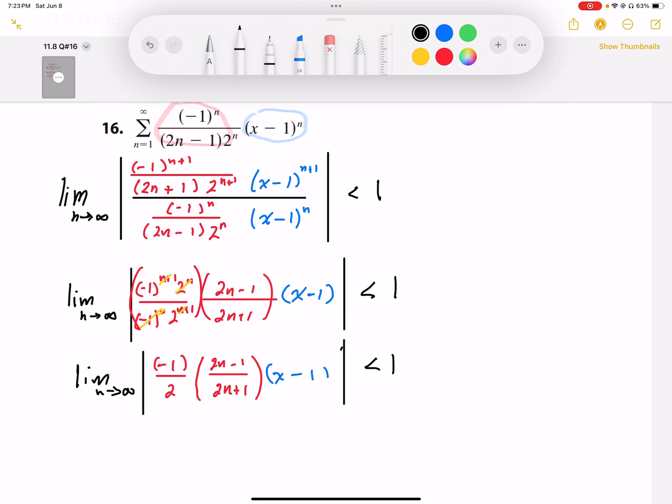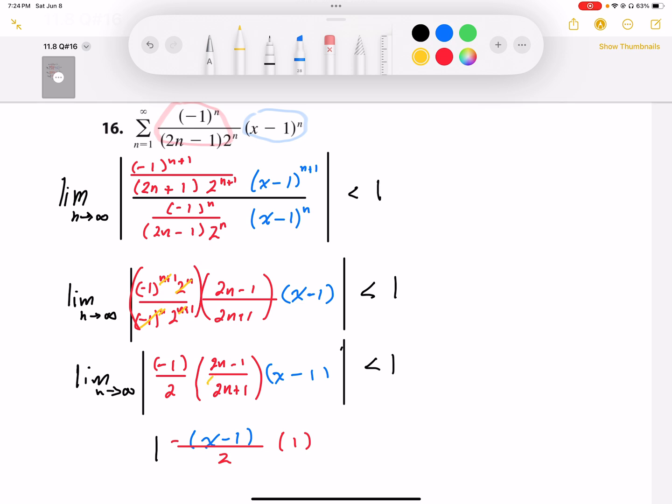In the simplified form, when I apply the limit, I'm going to end up with negative. That negative is something I need to keep track of, but we have these absolute values here. So I'm going to have negative x minus 1, with that 2 in the denominator, divided by 2. The 2n minus 1 divided by 2n minus 1 as n goes to infinity is equal to 1, so you can see where that came from.